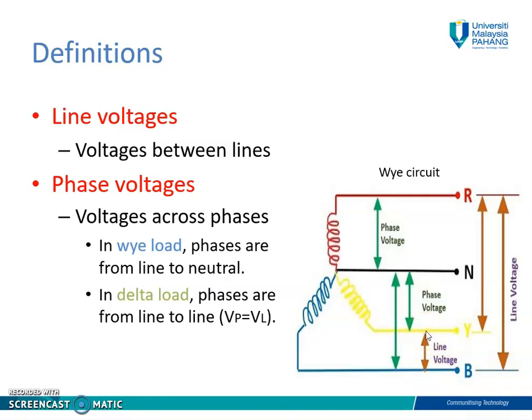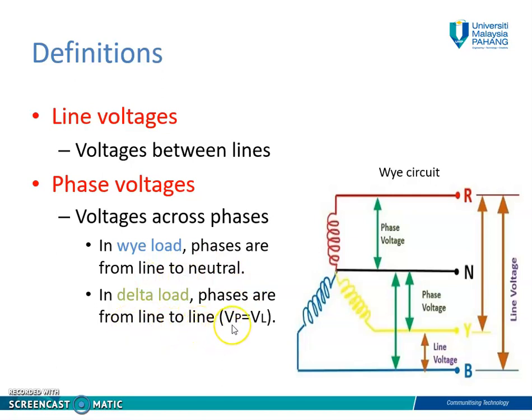Okay, and then we have the phase voltage. The phase voltage is the voltage to neutral, or we can say the voltage between any live conductor and the neutral point. In Y load, phases are from line to neutral, but in the delta load, phases are from line to line.